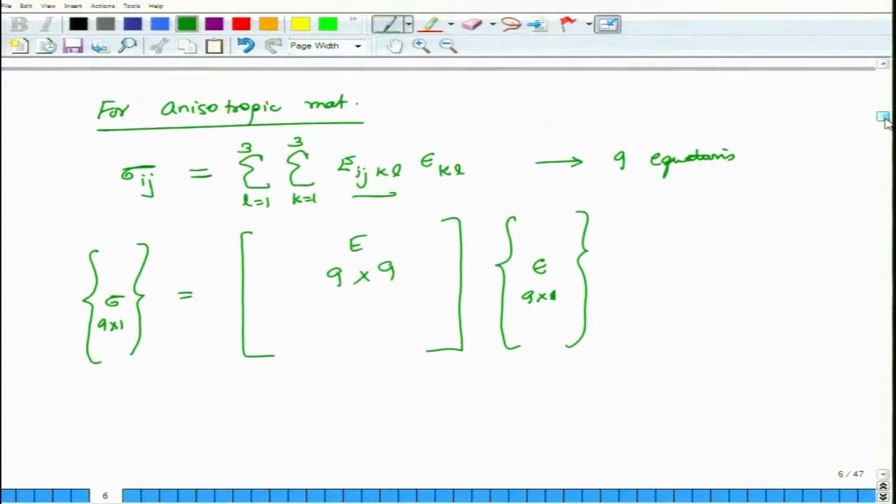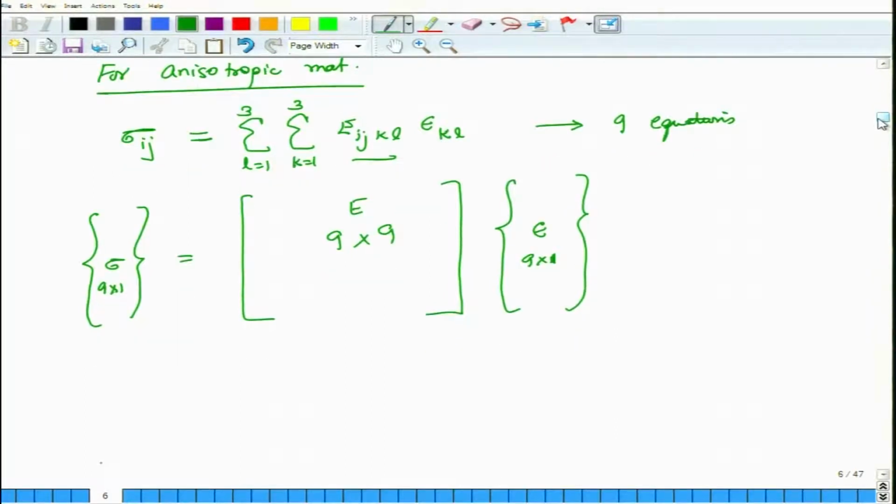Next, we make the writing of this equation a little simpler.